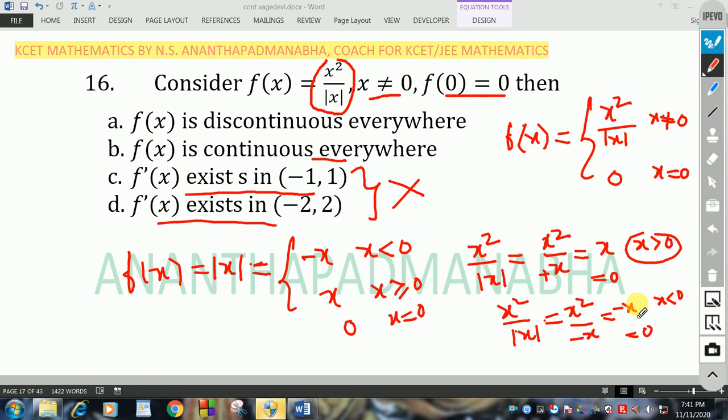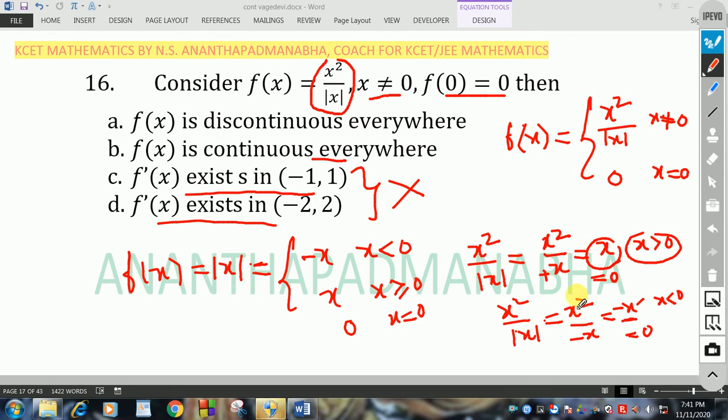Here this is a polynomial function, x square by mod x is equal to x, a polynomial function of degree 1, so it is clearly continuous for x greater than 0. For x less than 0 it is minus x, again a polynomial function, hence continuous.